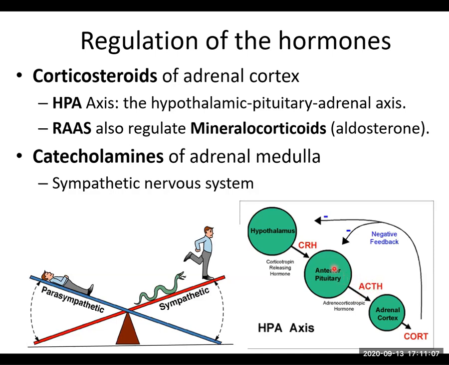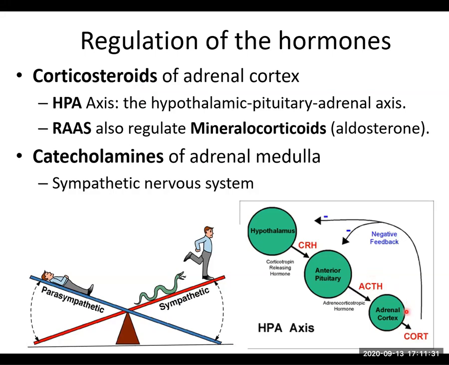And that way, even though we may have an increase or decrease, our body has this mechanism to maintain the level of the corticosteroids at a relatively constant level. So that's the regulation of the corticosteroids.